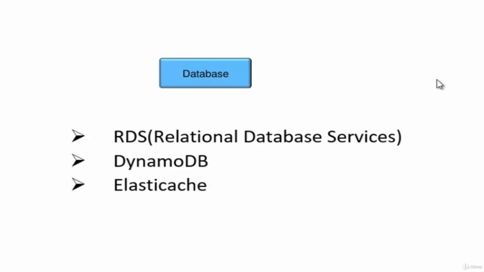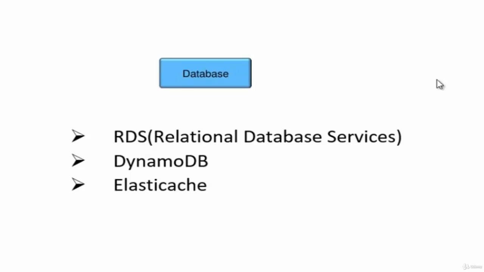It provides cost-efficient and resizable capacity while managing time-consuming database administration tasks, freeing you up to focus on your applications and business. Amazon RDS provides you 6 familiar database engines to choose from, including Amazon Aurora, PostgreSQL, MySQL, Oracle, and Microsoft SQL Server.